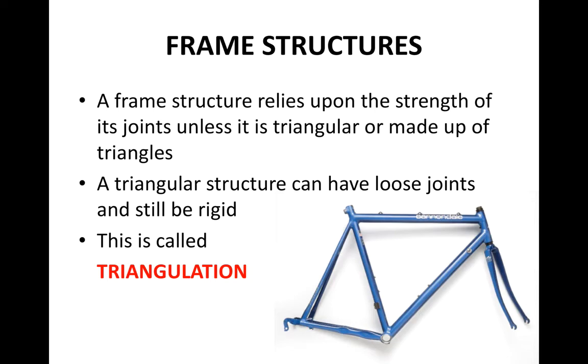Now if we just dwell for a second on frame structures, the whole point of a frame structure is it relies upon the strength of all its joints to actually hold itself together, and a triangular structure is actually the strongest shape you can get. So to make frame structures strong and rigid, you use this idea of using triangles, which is called triangulation. And you'll see that in all these frame structures.